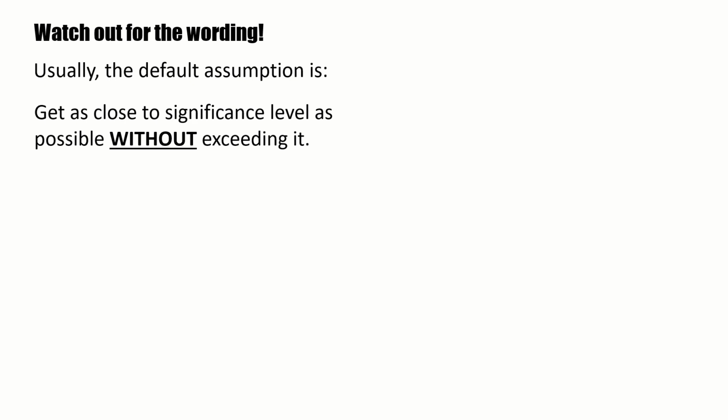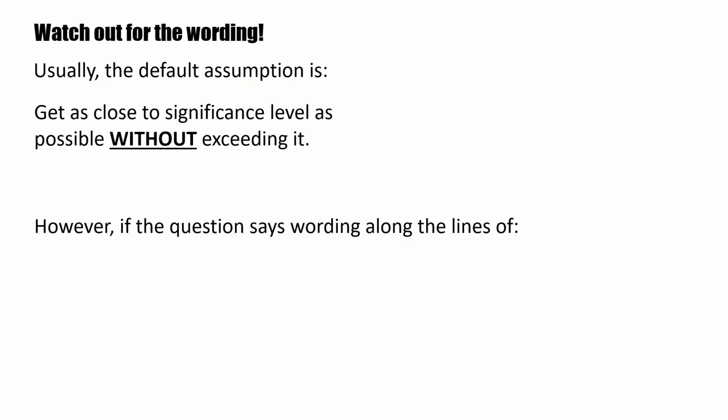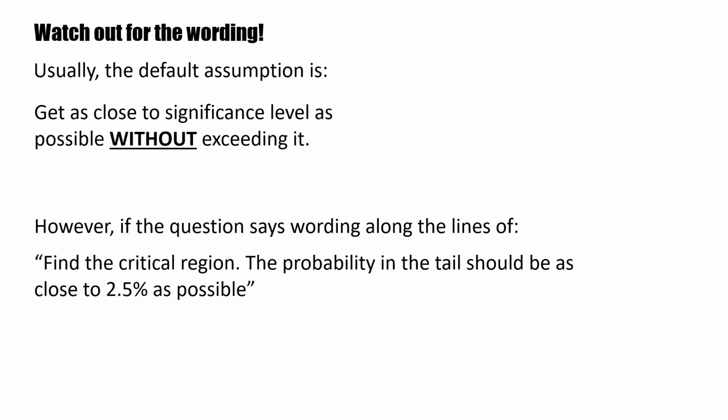However, if there is wording along the lines of "find the critical region, the probability in the tail should be as close to 2.5% as possible", that does change our approach. It's slightly suspicious that they're mentioning that the probability should be as close to 2.5%.